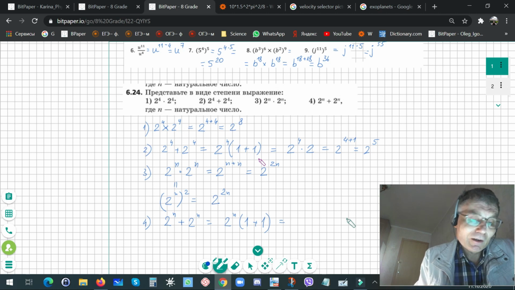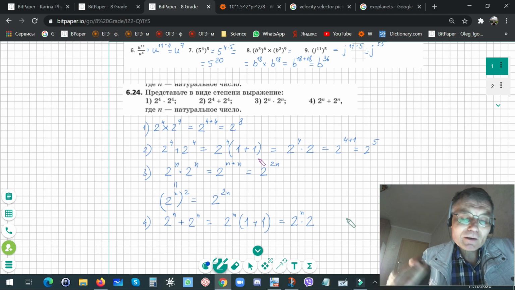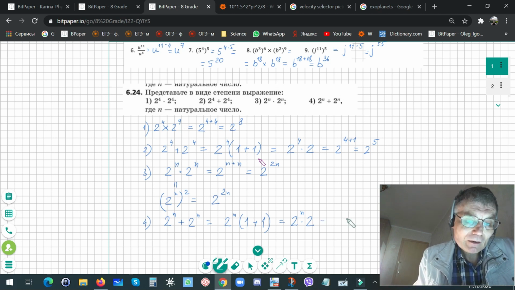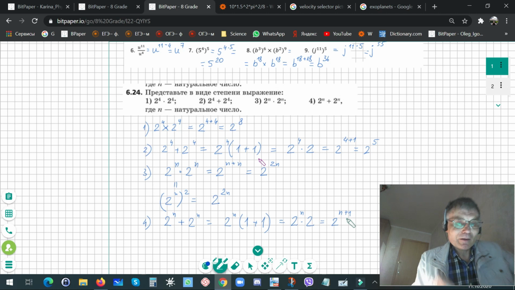It's easy even for me this early on Sunday. And I get 2 to the power of n multiplied by 2, just 2 to the power of 1, or just 2. And now I understand that it's 2 to the power of n plus 1. That's it. That's my result.